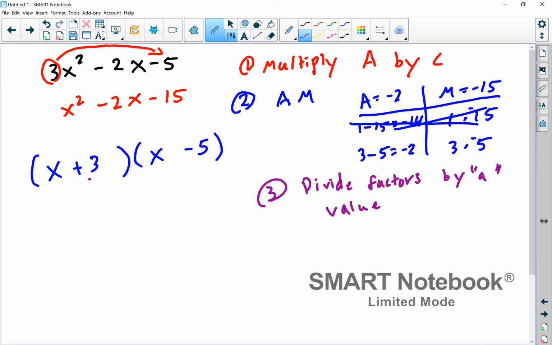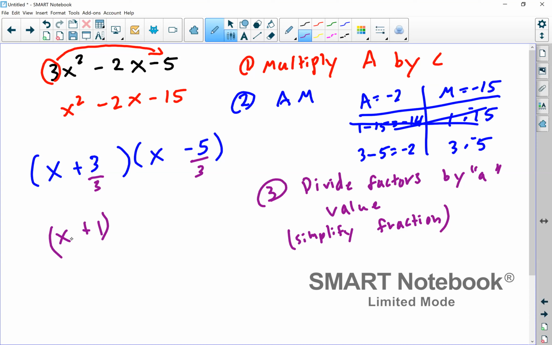So 3 divided by 3 and negative 5 divided by 3. Also, we can say simplify the fraction. Just remember, fractions and division are the same thing. We just leave it as a fraction so we don't have to deal with decimals. So 3 divided by 3 is 1, so this will become x plus 1.